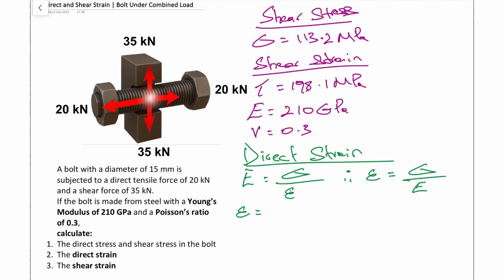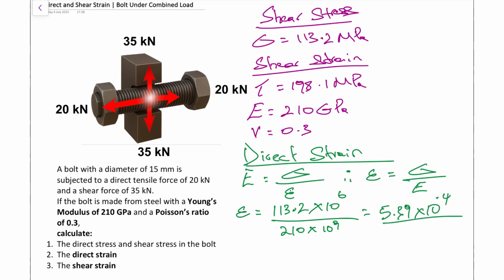So direct strain is our stress, 113.2 megapascal, so times 10 to the 6, all divided by our Young's modulus, 210 gigapascal, so times 10 to the power of 9. That gives us a strain of 5.39 times 10 to the negative 4. Because strain has no unit, it's just a ratio of the change in length, that's our complete answer for strain.